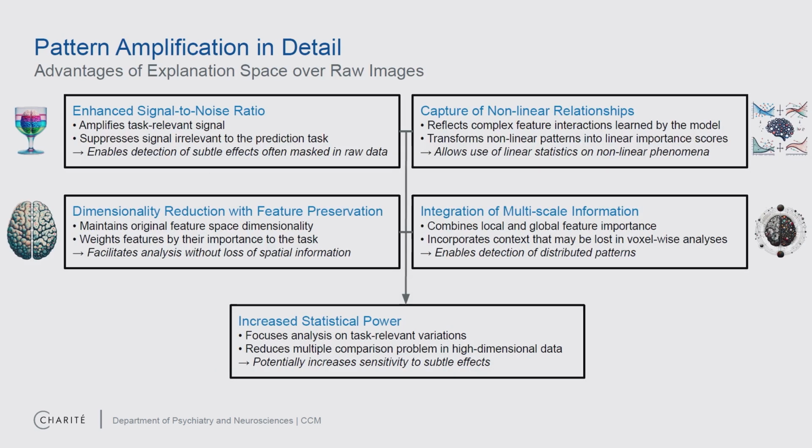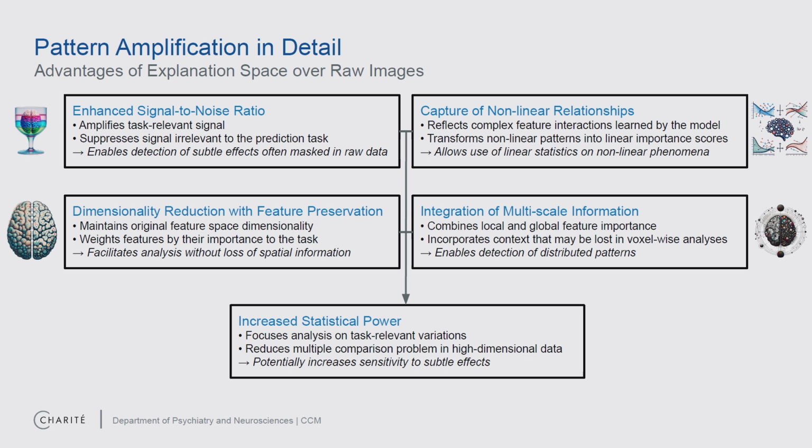Let's delve a bit deeper into this idea of pattern amplification in explanation space. One problem that we have with brain imaging data, T1, resting state data, whatever, is that it is a mixture of a lot of different signals: basic random anatomical variations, age effects, sex effects, and then potentially disease effects that we are really interested in. That's a bit of a cocktail party problem, a decomposition problem, where ideally we would like to isolate the part of the signal that we're really interested in.